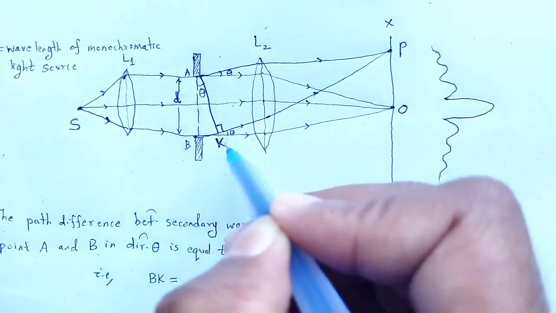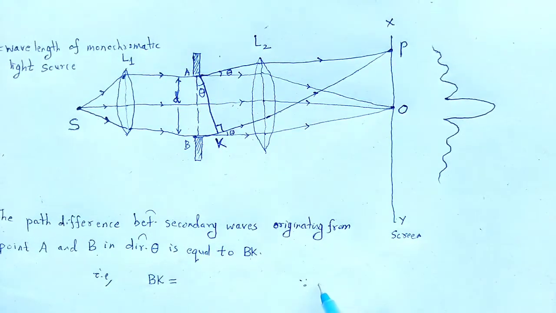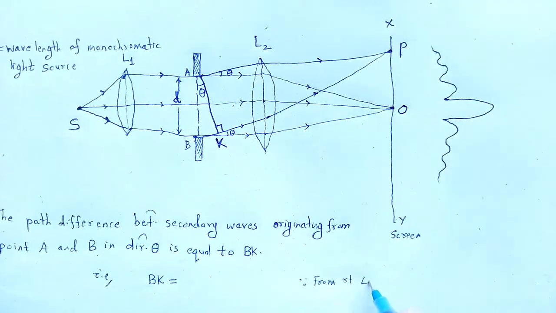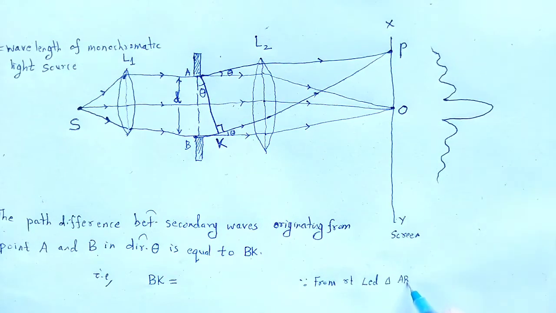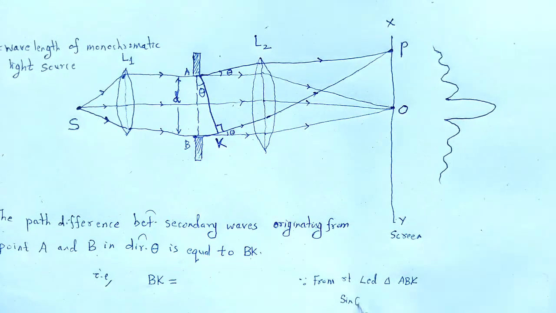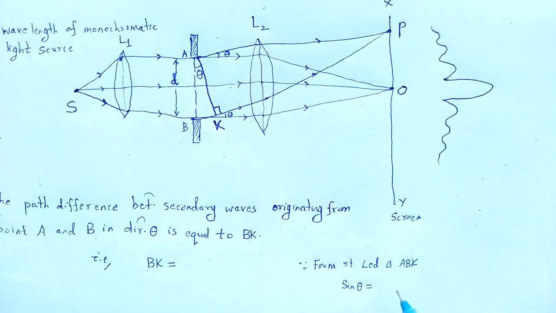From the right angled triangle ABK, sin theta is equal to BK divided by AB.